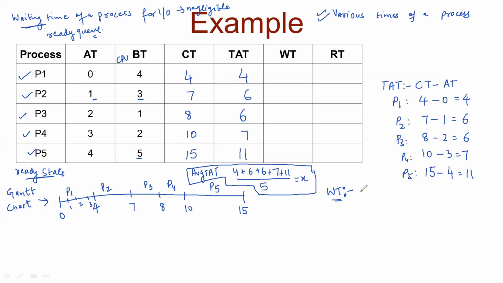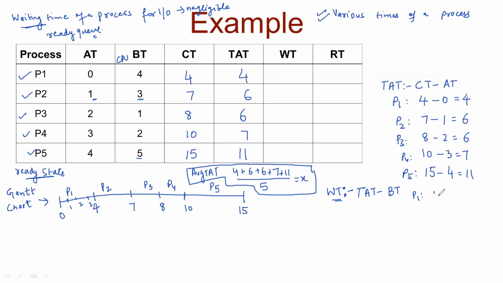So waiting time is basically, if we just subtract the CPU burst time from the turnaround time, if we subtract the time a process spent with CPU from the total time the process remains in the system, that will give us the waiting time. So let's compute it for P1.